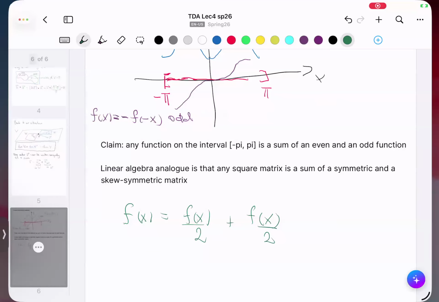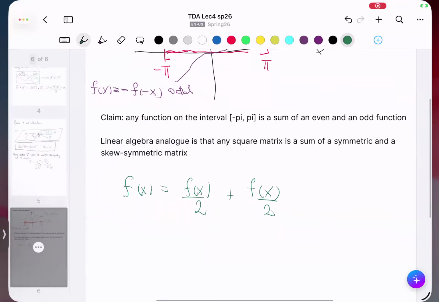Okay. And then you can do, oh my God, I hope that I'm doing it correctly. Oh, right. And then I will add and subtract f of negative x. I think that's a trick.